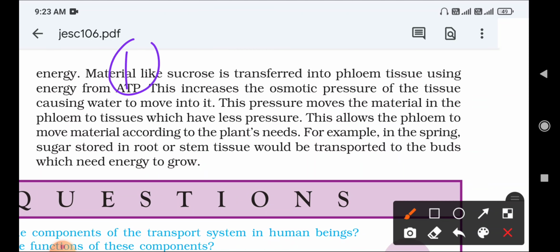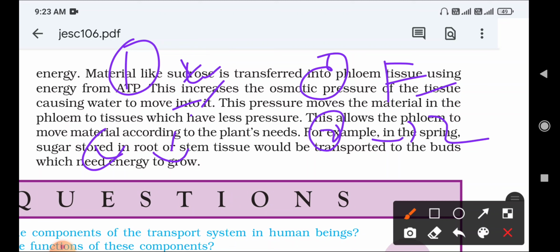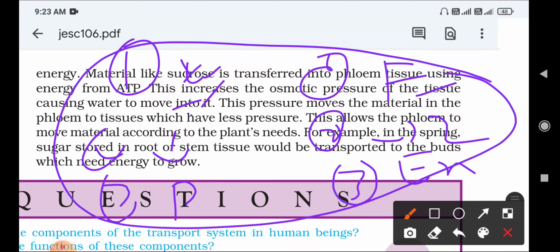Xylem transports water and minerals, and phloem transports food particles, by the processes of transpiration and translocation respectively. Xylem works in a single direction, while phloem works in both directions, upward as well as downward. For this purpose xylem uses physical forces and phloem uses only energy. These are the simple differences between xylem and phloem.